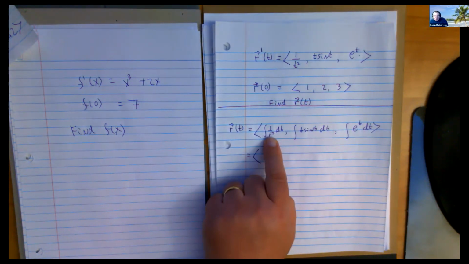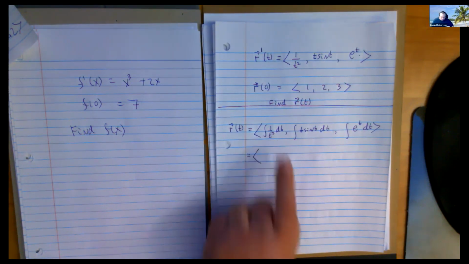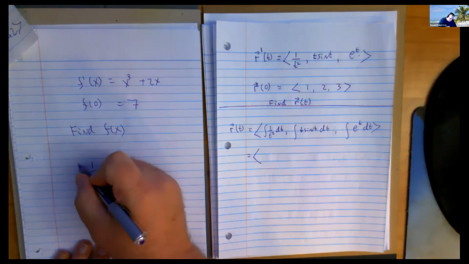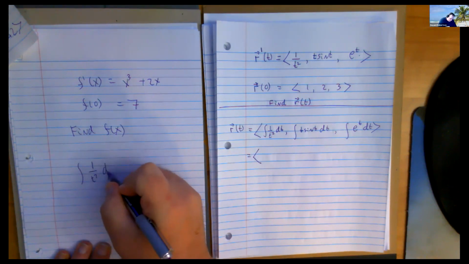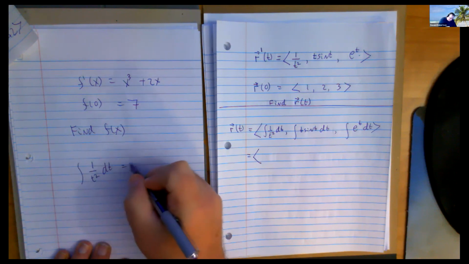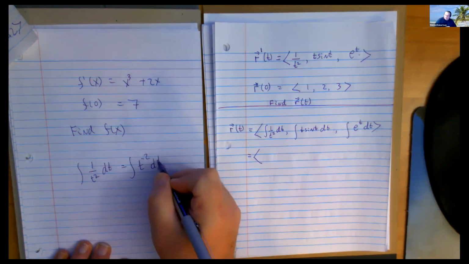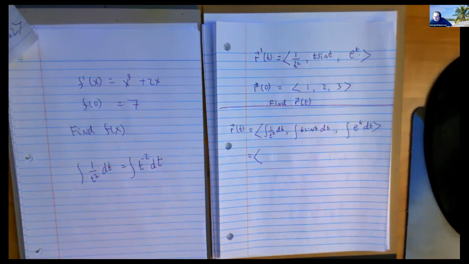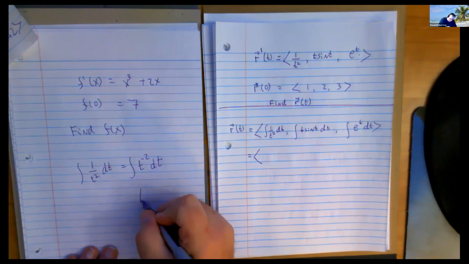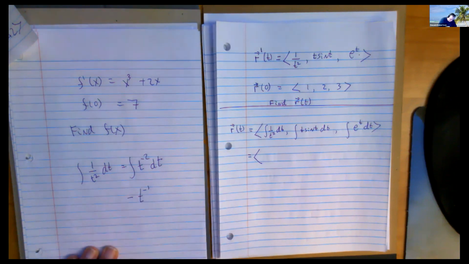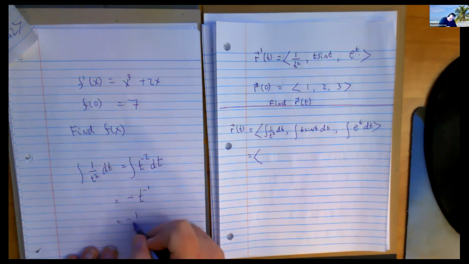If I wanted to integrate 1 over t squared, it's probably a good idea to write it as t to the negative 2, right? And then I can use the power rule. Add 1 to the power, divide by the new power, and then make it look pretty.